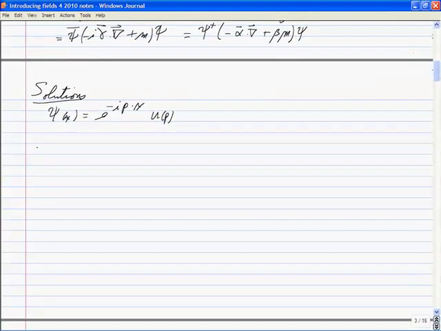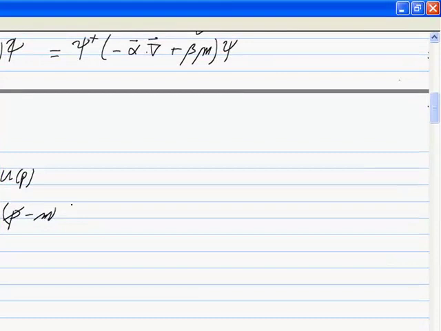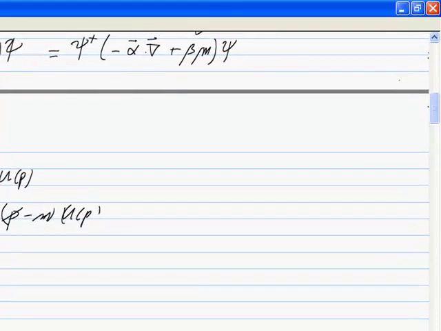Then the Dirac equation, i d slash minus m, psi equals 0, turns into p slash minus m, u of p equals 0. So that's a matrix equation, because p slash is a matrix.